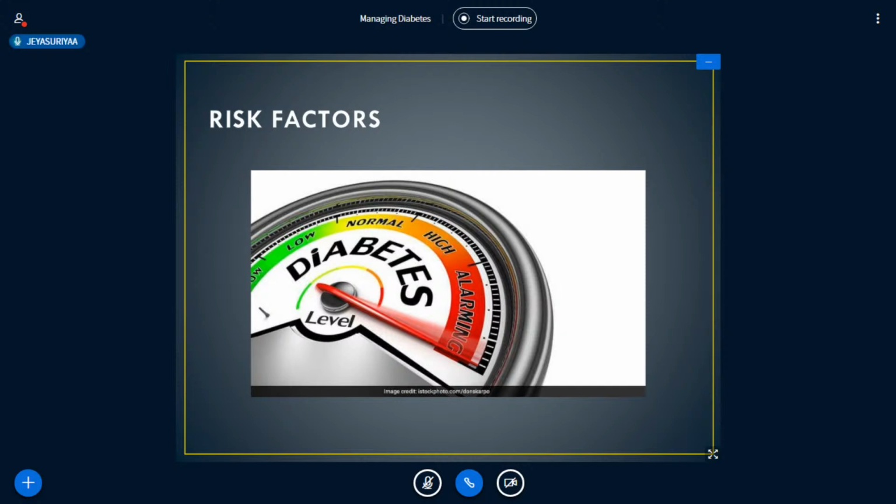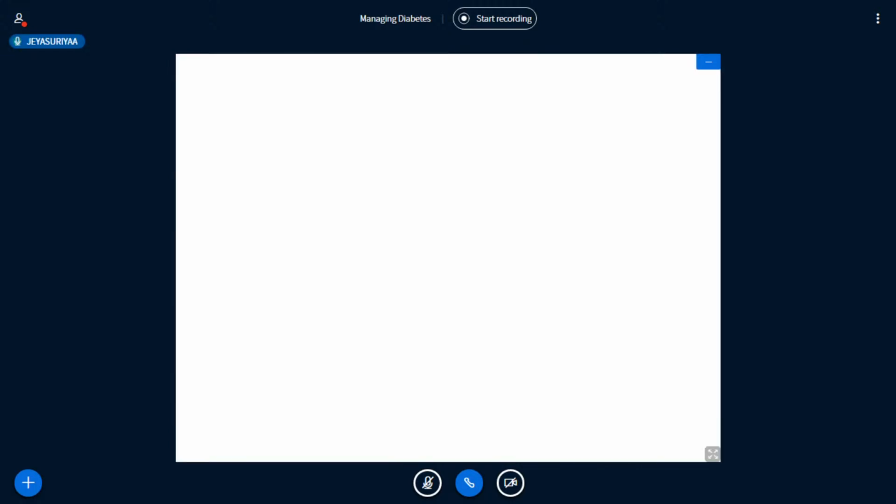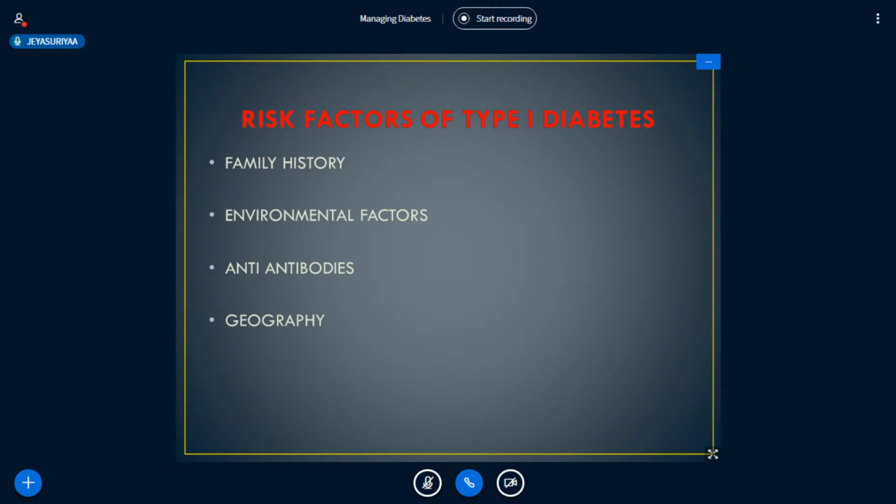Risk factors of diabetes actually depend upon the type of diabetes. First of all, let's talk about the risk factors of type 1 diabetes. Although the exact cause of type 1 diabetes is unknown, as I mentioned earlier, factors that may signal an increased risk include family history, environmental factors, the presence of damaging immune system cells called autoantibodies, and geography.